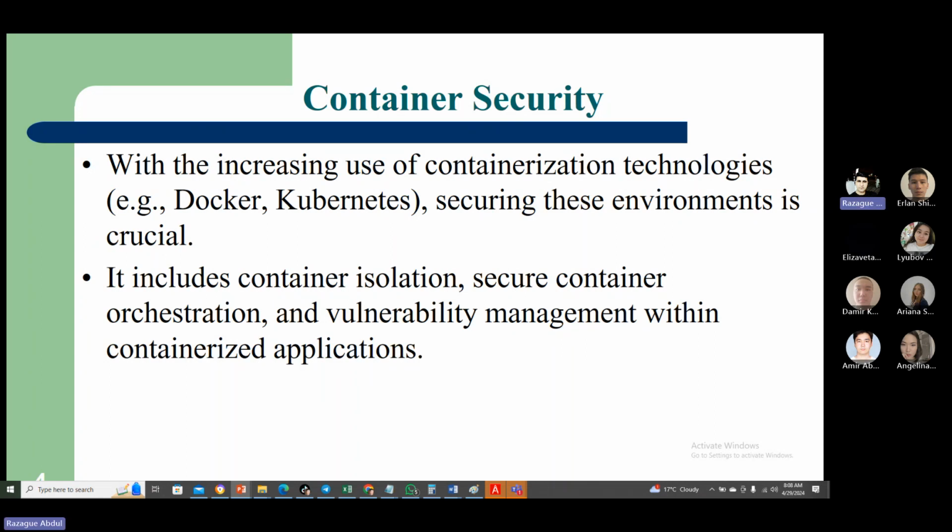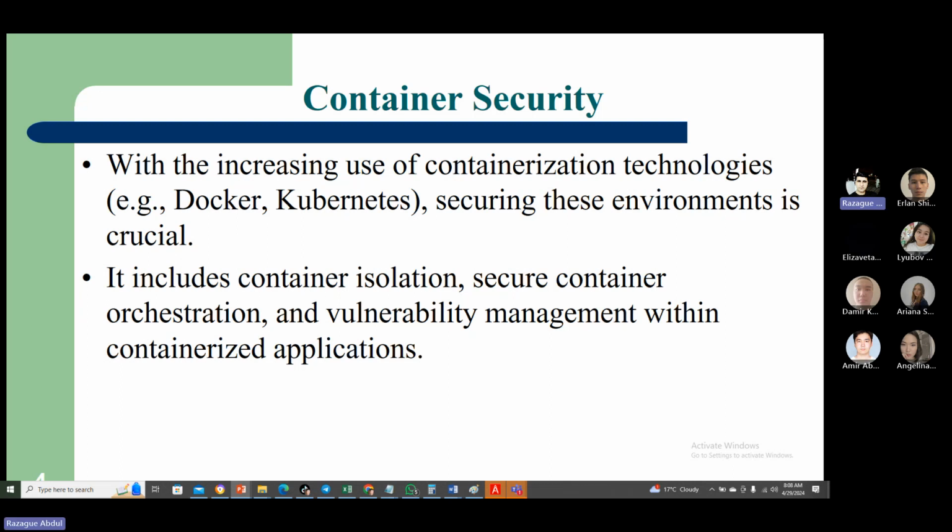And then the third one is patch management. We're going to discuss patch management in detail in the next slide, but let me explain here. Keeping all container images up to date with the latest security patches is very important. So automated tools should be used to rebuild images and deploy containers whenever updates are available.